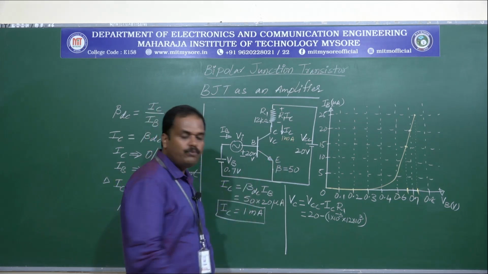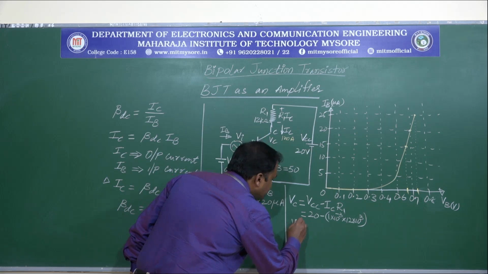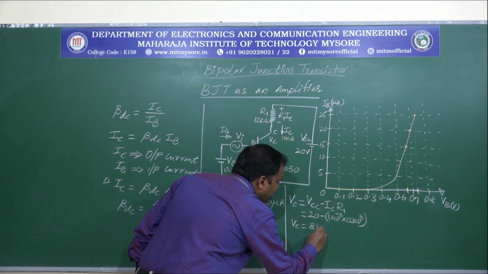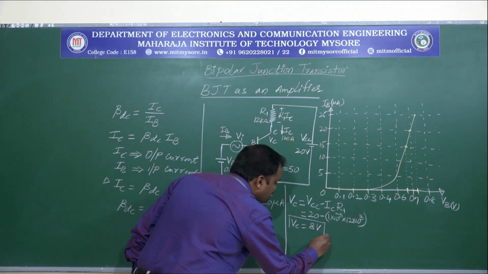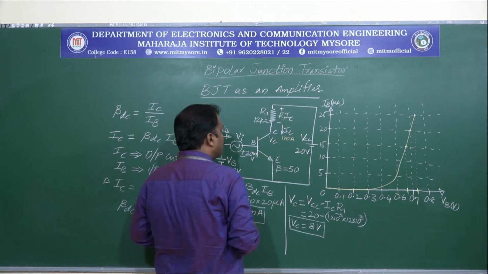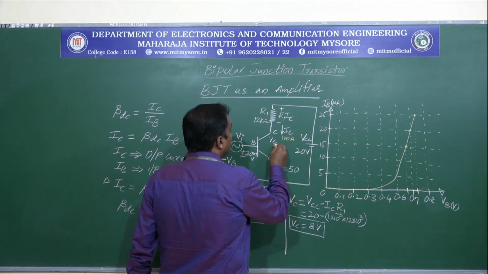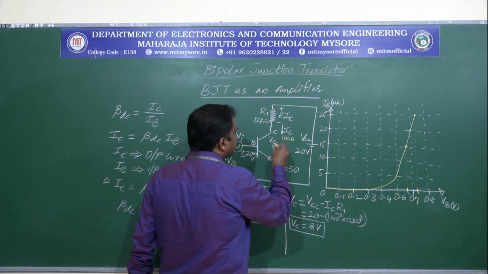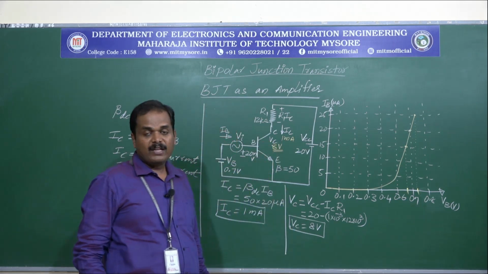With this, VC can be calculated as 8 volts.